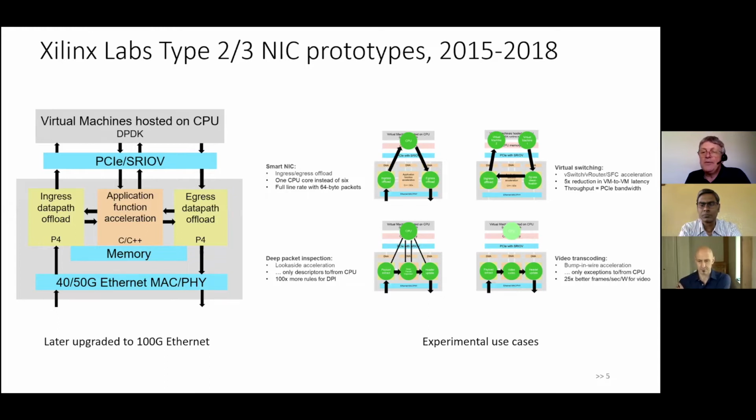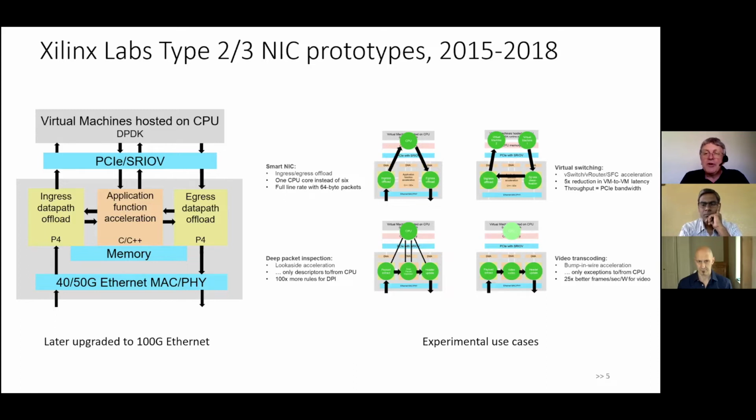And then the final coup de grace, if you like, in the bottom right is, the CPU is reduced to just configuring things and being there in case of disasters. And so for video transcoding, you actually have data streaming off the network, going through some video codec, and then going back out again.